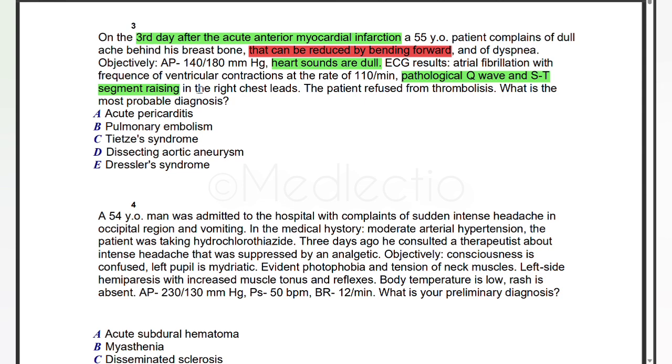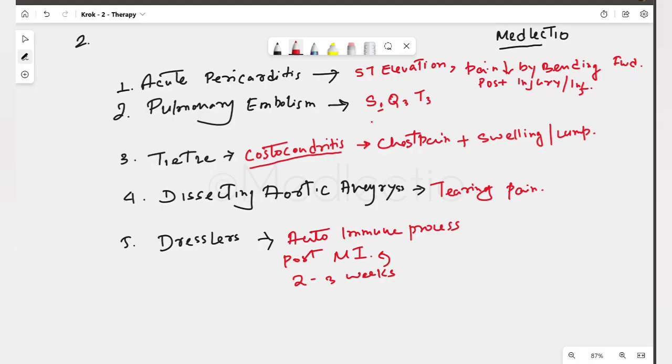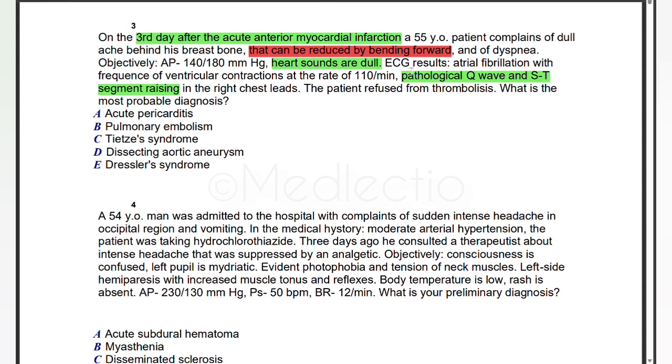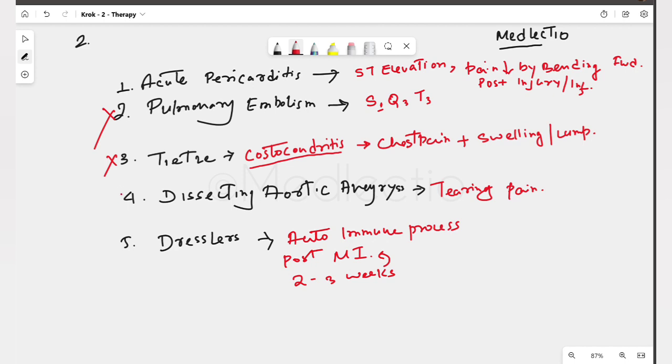Then we have pathological Q and ST segment raising. We don't have the S1 Q3 T3 formula, so we exclude pulmonary embolism. We don't have any swelling or lump, so exclude Tietze. The complaint is a dull ache, dull pain, so it's not tearing-like pain. So we exclude dissecting aortic aneurysm.